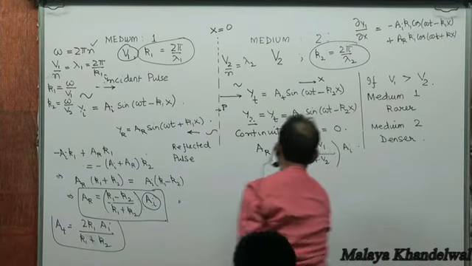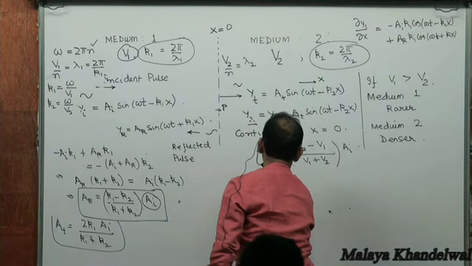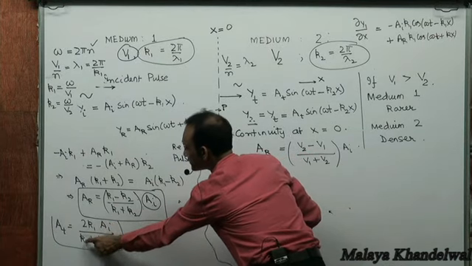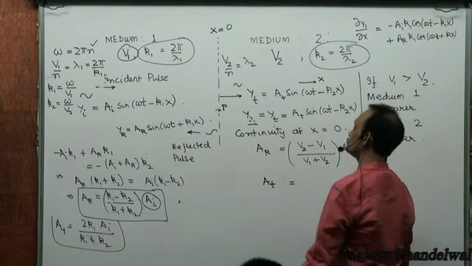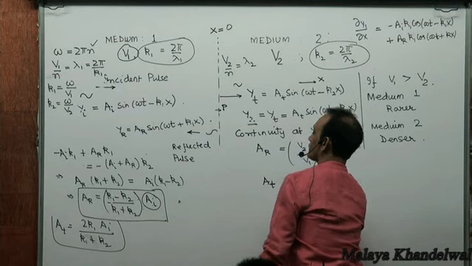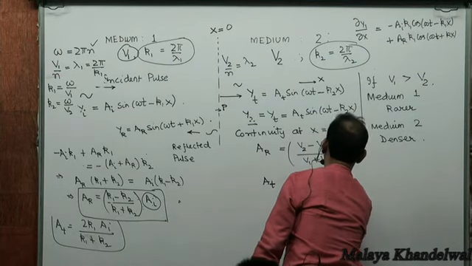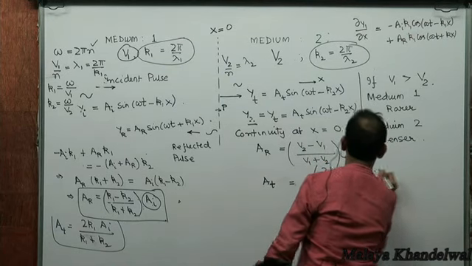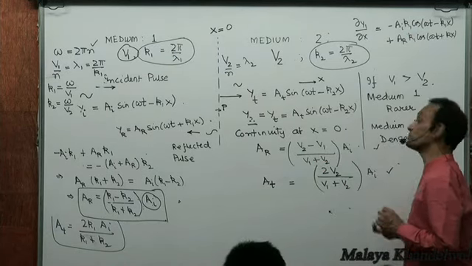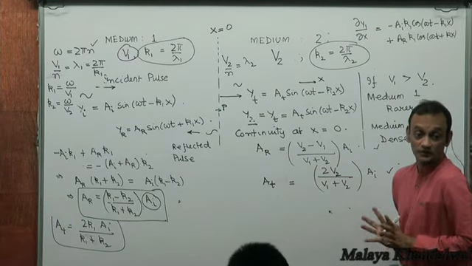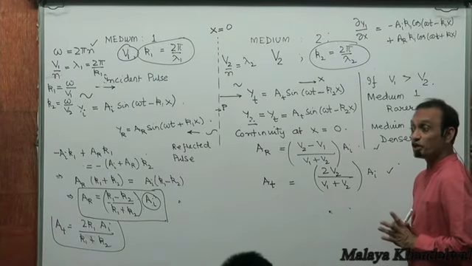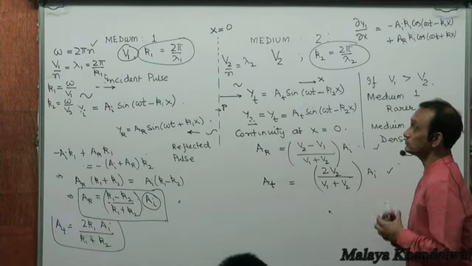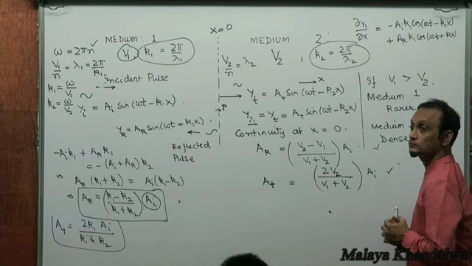Similarly, the amplitude of the transmitted pulse, with k1 as omega by v1 and k2 as omega by v2, will become 2v2 by (v1 plus v2) into the amplitude of the incident pulse. Yes or no? In terms of the speeds in the two media? Sounds good?